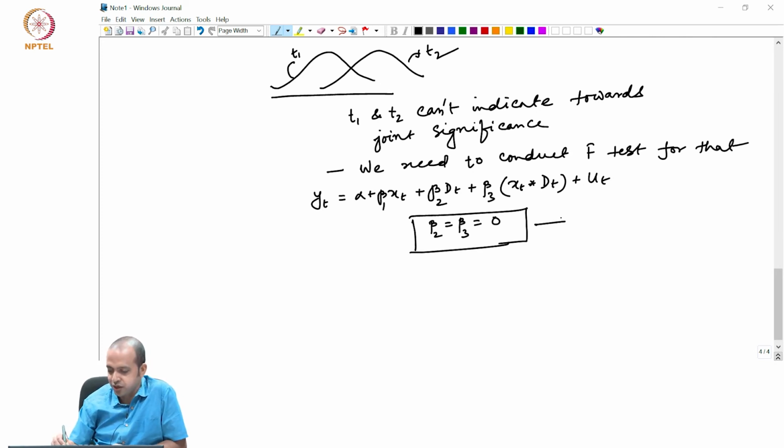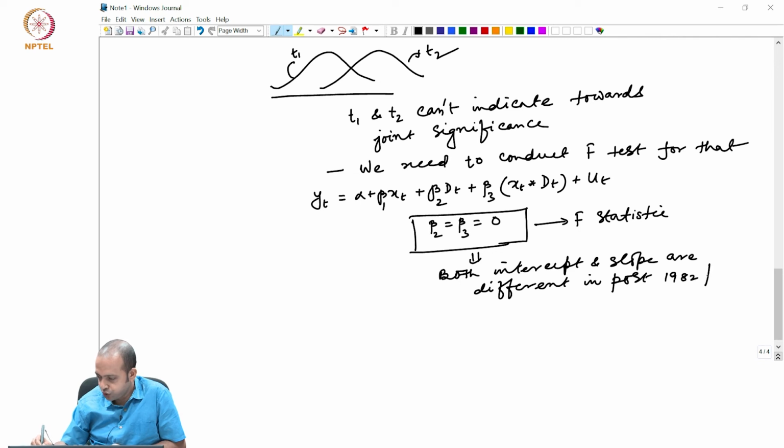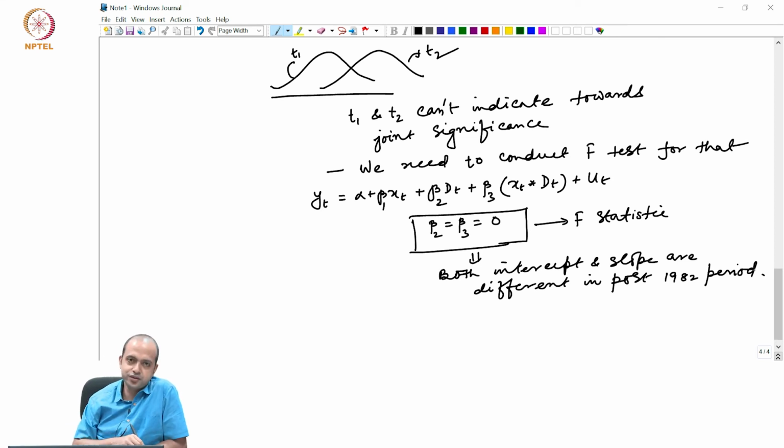We are going to test this using the F statistic, and it would imply that both intercept and slope are different in the post-1982 period. This we have to test.